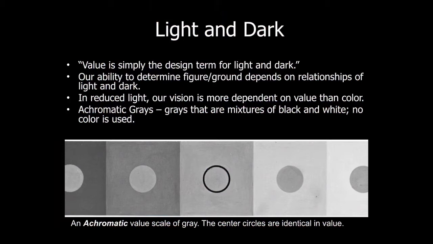If you look at the center, where the circle is, we are looking at the same color within each square. But due to its surroundings, we can say that the color in the center is very influenced by its surroundings.